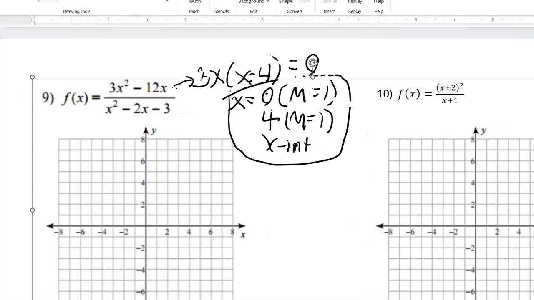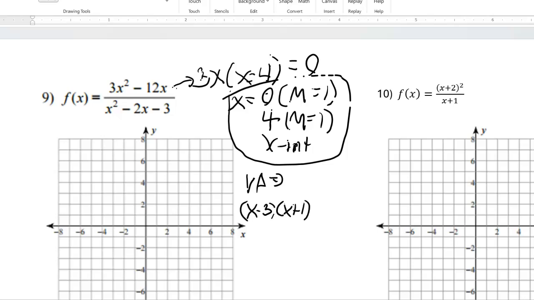As I look over here on the denominator, if I were to factor that, for my vertical asymptotes I would end up with x minus 3, x plus 1 equals 0. So that means that my vertical asymptotes are x equals 3 and negative 1. Both of them have a multiplicity equal to 1, so that applies to both of those.